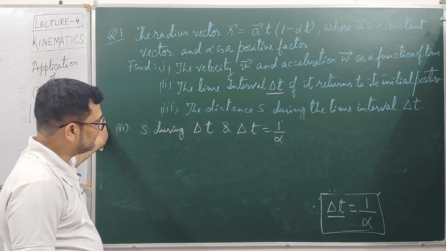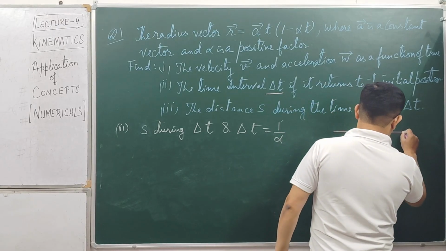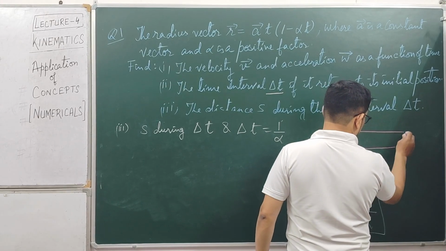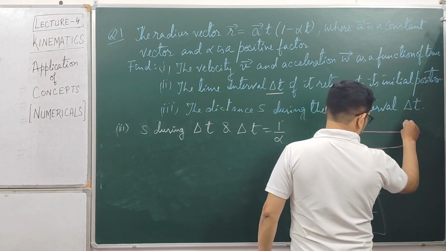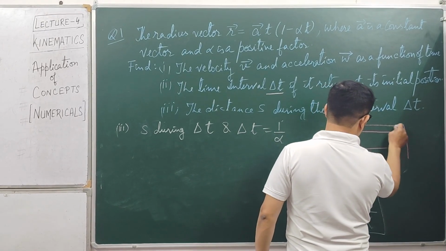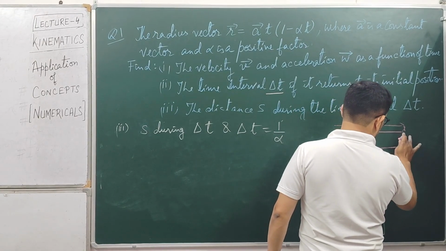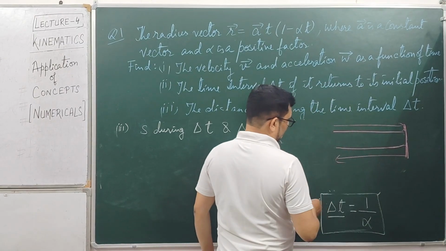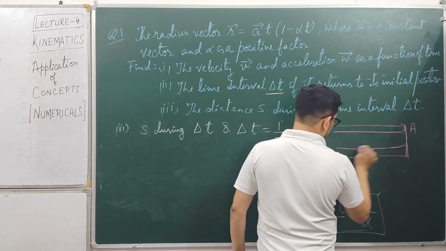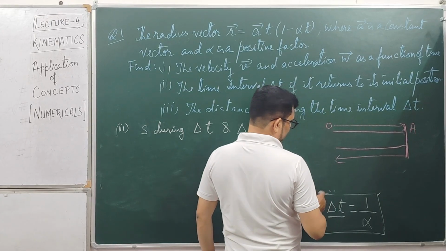Now look carefully. If a body goes in this direction and it returns back like this, this is t1 and this is t2, if this is the returning point. Suppose from O it goes to A, and from A it comes back, and the total time is delta t.